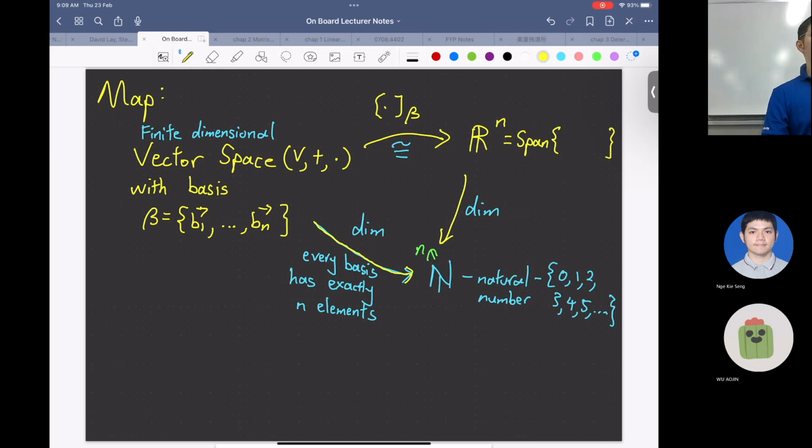What's the basis in Rn? E1, E2. The standard basis E1, E2 in R2. We call it the standard basis.